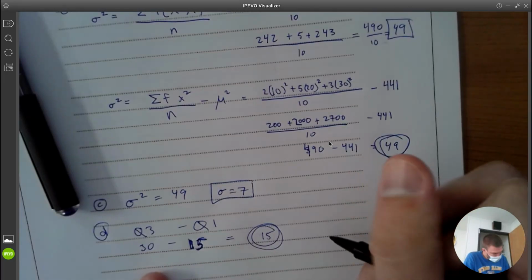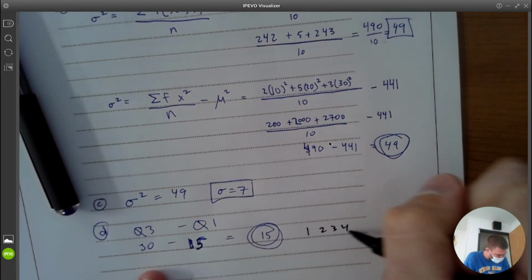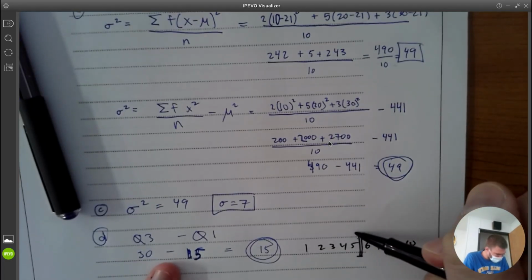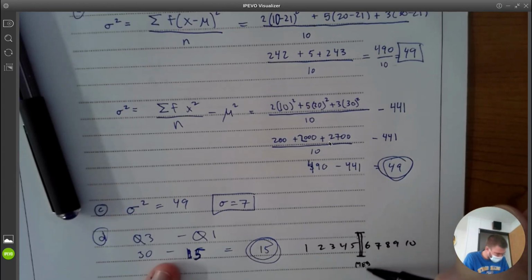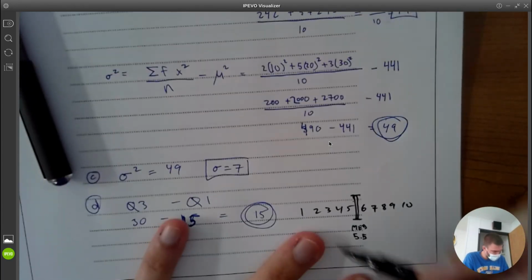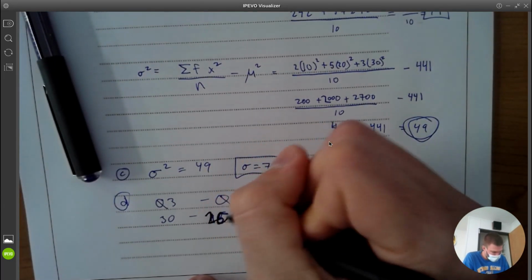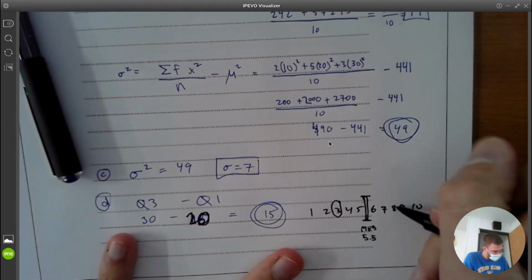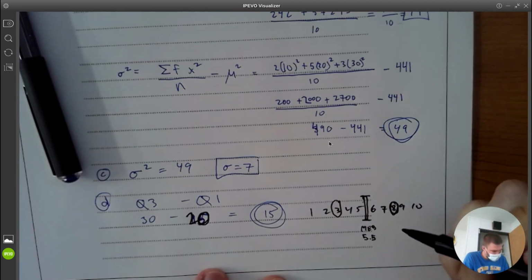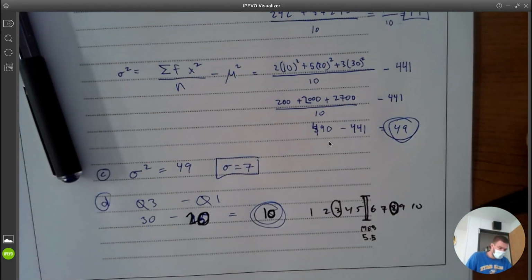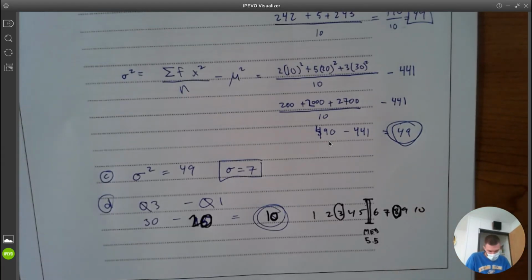If we've got 10 terms, 1, 2, 3, 4, 5, 6, 7, 8, 9, 10, the middle term is going to be our median, which is 5.5. That means that our Q1 will be the third term, and the third term is a 20. And our Q3, which is our 8th term, is going to be 30. So it's going to be 10. Dang, made a mistake at the end. That's all right. We're smart, we double check it. I don't feel embarrassed about missing a question since I checked it.